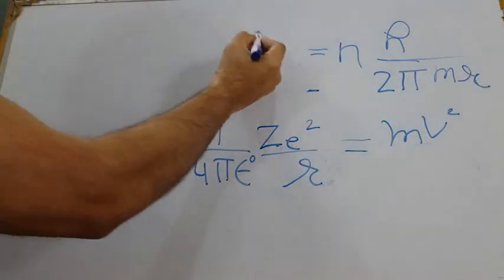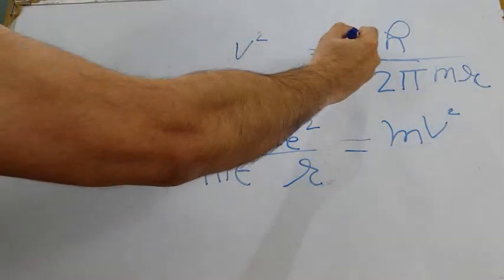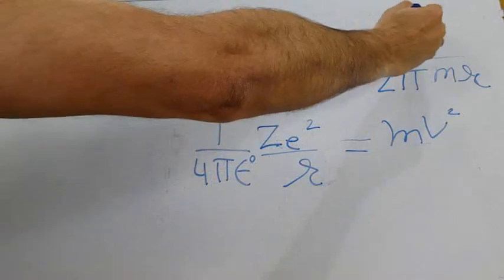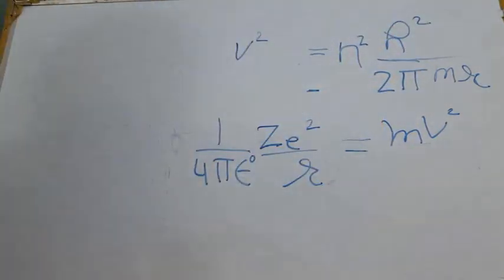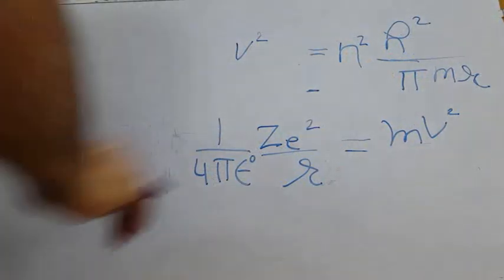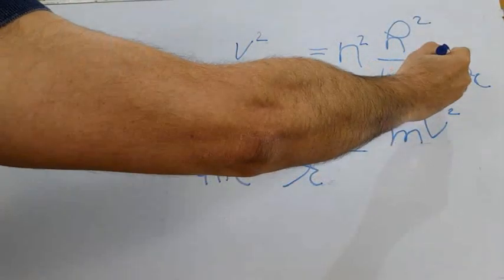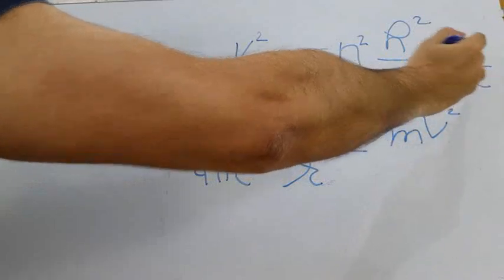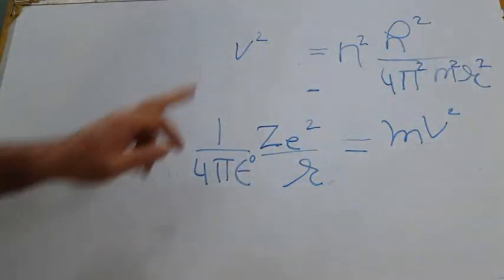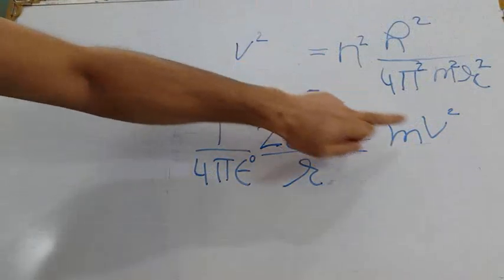And if we do the square, it should be h square. It should be 4 pi square. And let us put this value here.